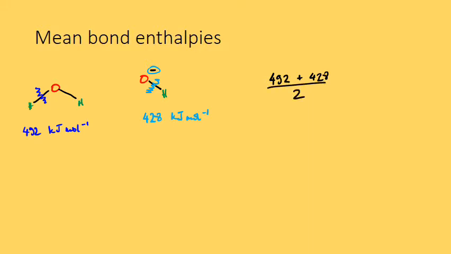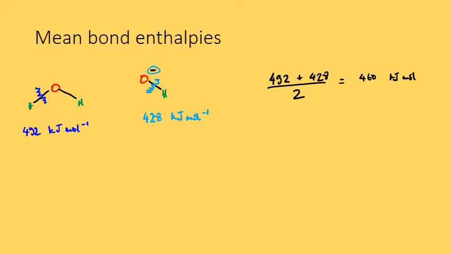We've got 2 of them, and we want to calculate a mean, so we divide it by 2, and that gives us an average or a mean of 460 kilojoules per mole. And that is our mean bond enthalpy for the oxygen-hydrogen bond when we consider these 2 molecules, the molecular ion of hydroxide and the water molecule.